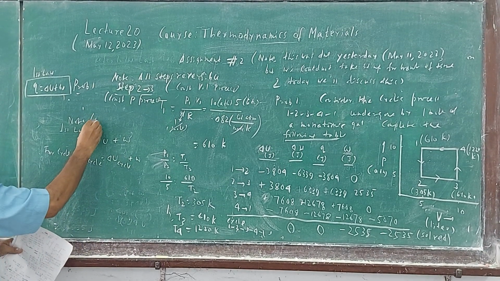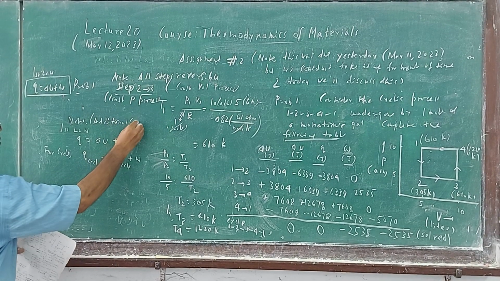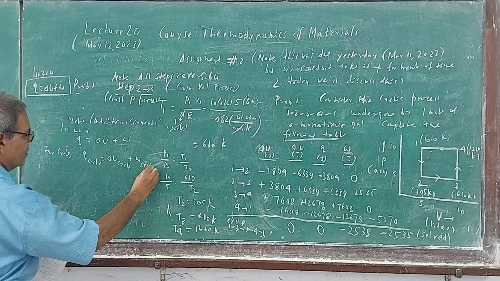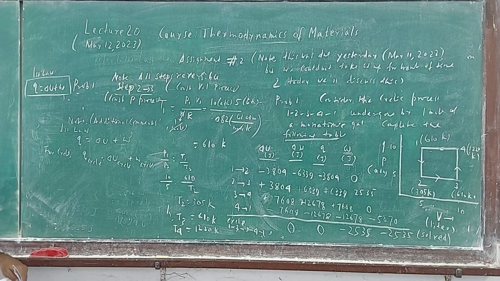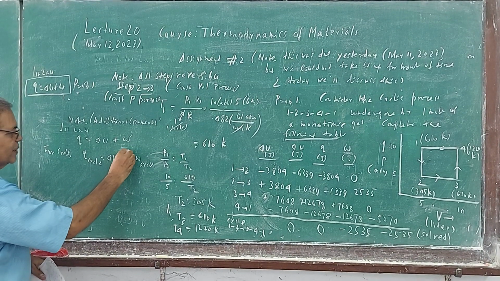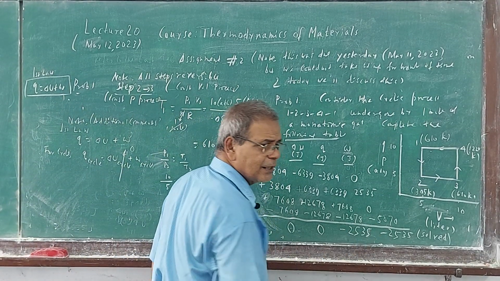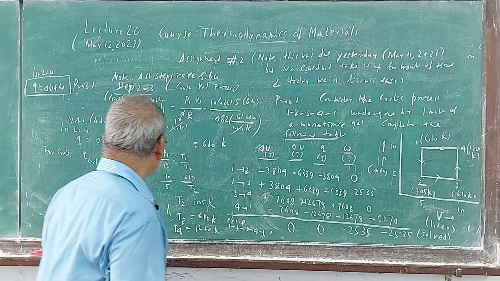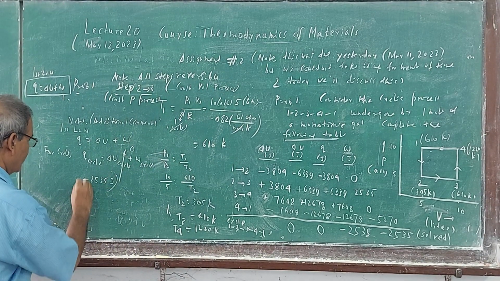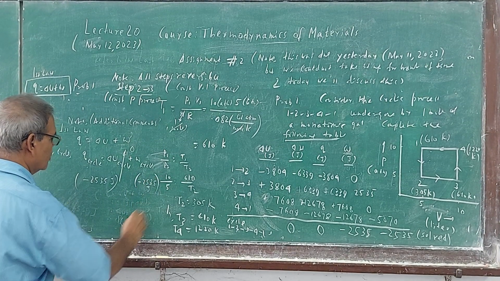Additional note: out of these, at least one you know beforehand. Before doing any calculation, delta U cycle must be 0. So Q cycle must be W cycle. Same: minus 2535 joule. So you are happy.